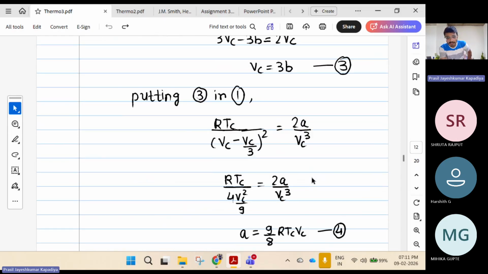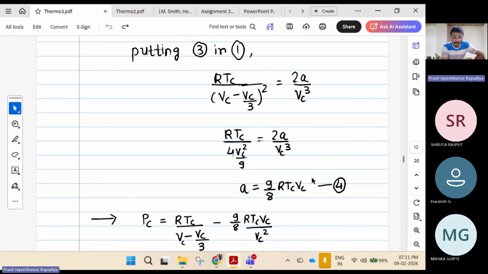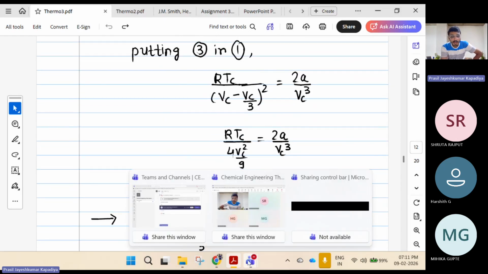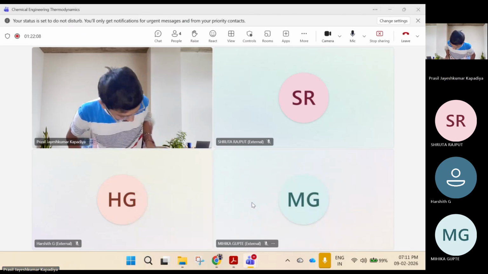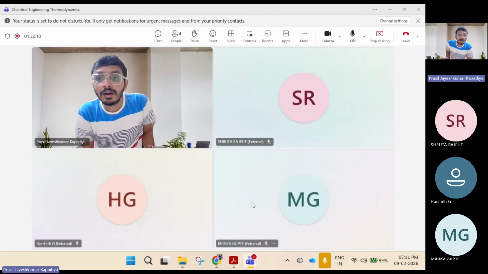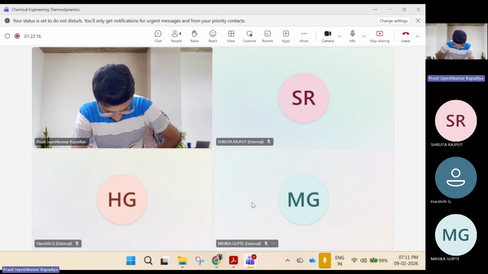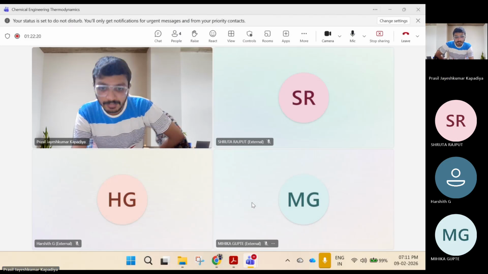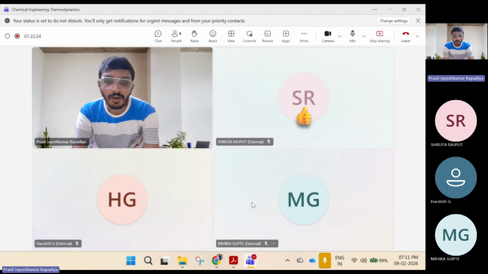So I got two constants, where B is VC by 3 and A is nothing but 9 by 8 RTC VC. Is this clear to everyone? Please respond, guys, so I understand. Yes, sir. Yes. Okay.